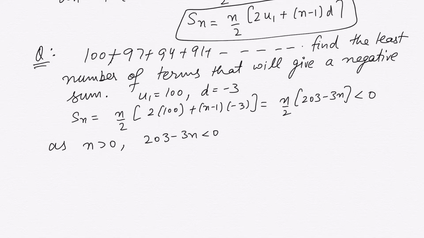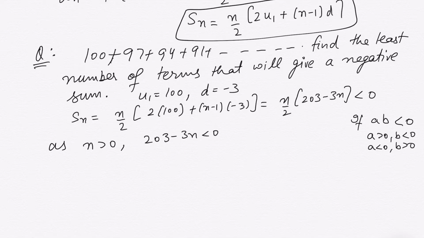Why? Because I have the product of, you can understand this from here, that if a times b is, let us say, negative, then what are the situations under which we can have this product as negative? A is positive, b is negative, or a is negative and b is positive, right?